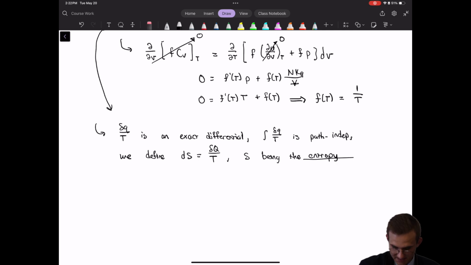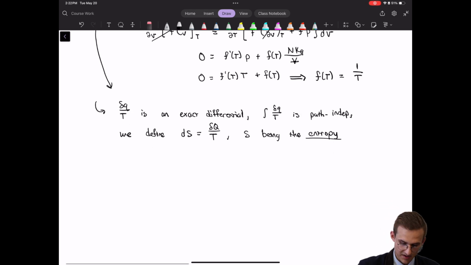Okay, so this is exactly how, in fact, Clausius came up with the concept and defined entropy when he published his memoirs. Okay, so then he proceeded after coming up with this definition. And again, I don't know how useful this is.